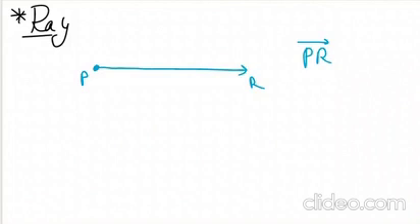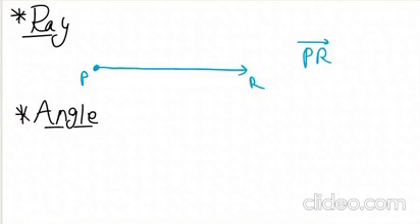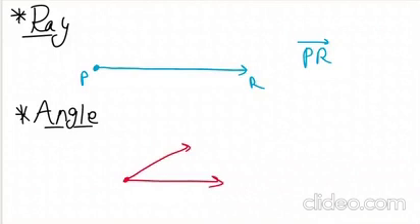Now what is an angle? Now the next thing that comes is, what is an angle? Angle is nothing but when two rays join together. For example, this is my one ray, this is my another ray, so this becomes my angle. This becomes one angle.